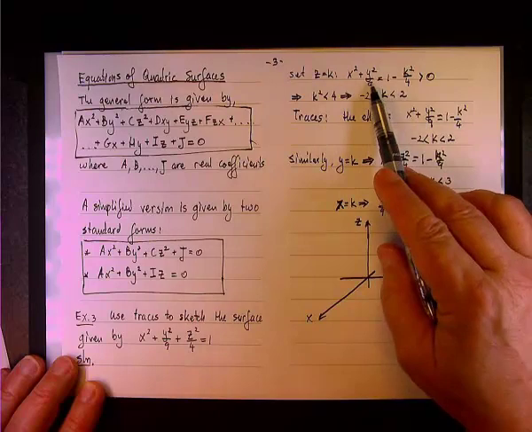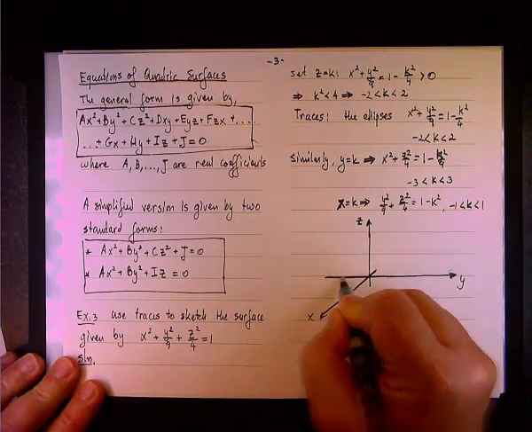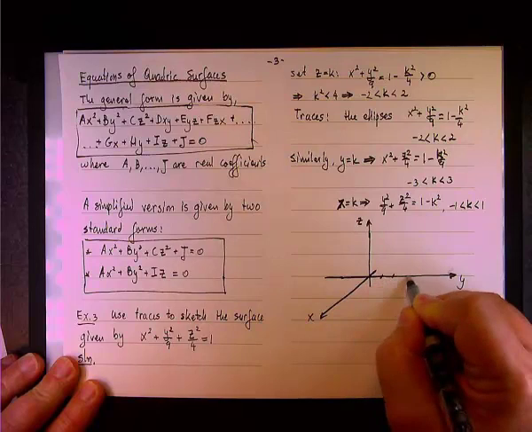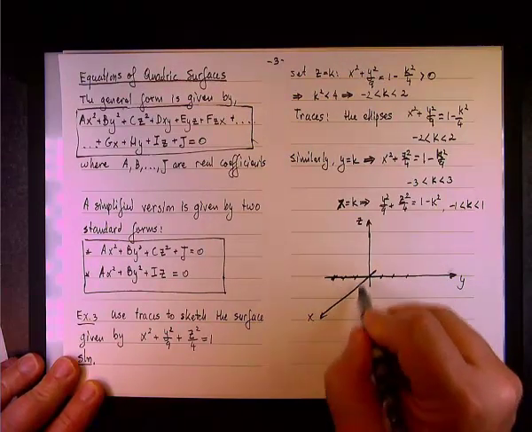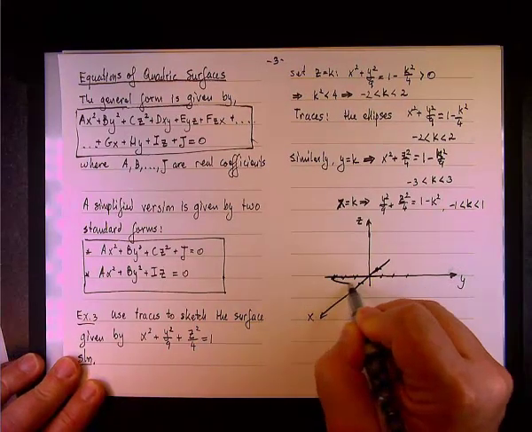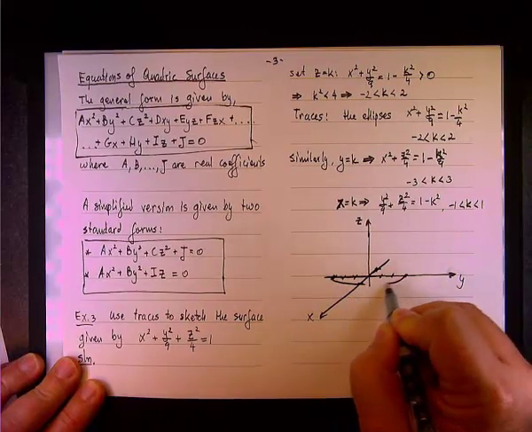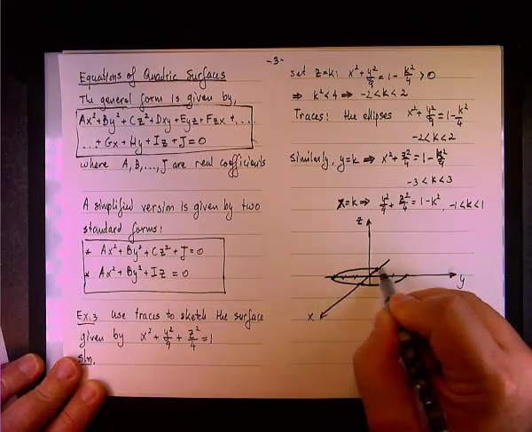then k will go from -2 to 2, and for x and y we have this ellipse, x squared over 1 and y squared over 9. So the long axis of the ellipse is 2 times 3. We go from -3 to +3, and the short axis will go from -1 to +1.